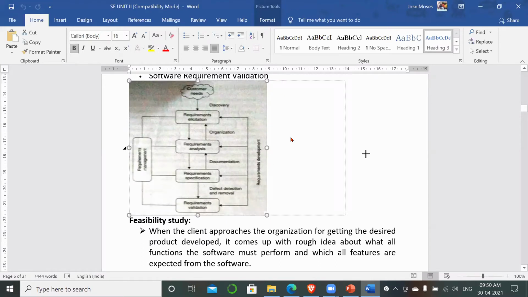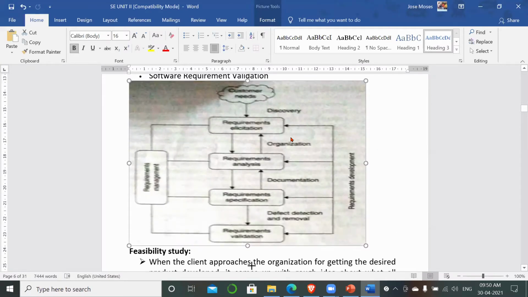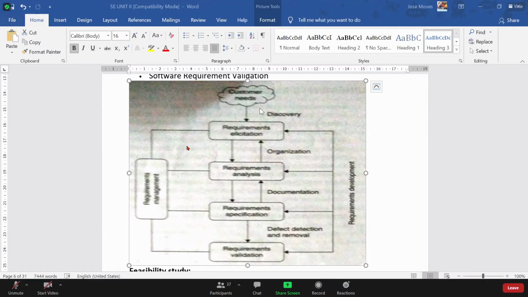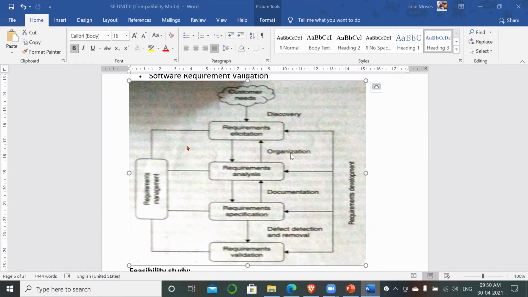Is it visible for you? I think it has already been discussed, right? This is the main diagram of part B of unit 2.